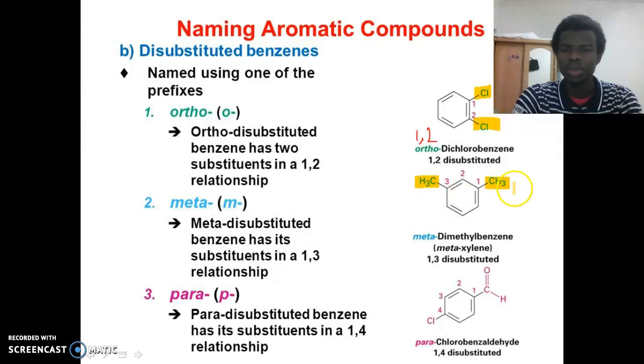And these two substituents, they are in a 1,3 relationship, so they are meta. All right. So here we can call this compound meta dimethylbenzene. Because there are two methyl substituents, we use di.